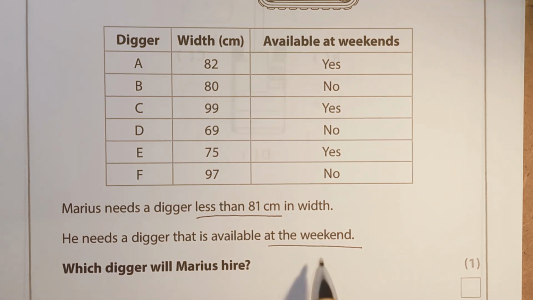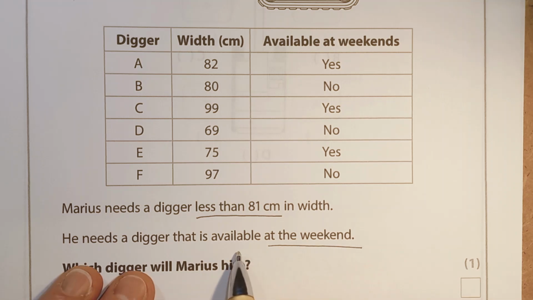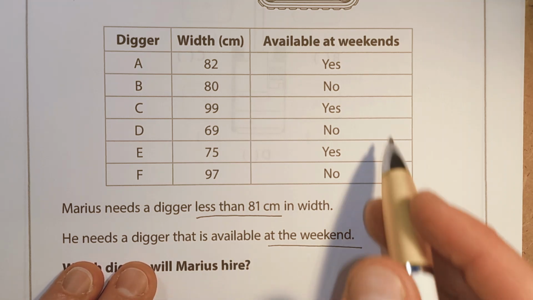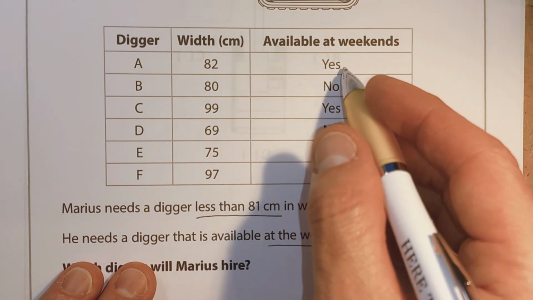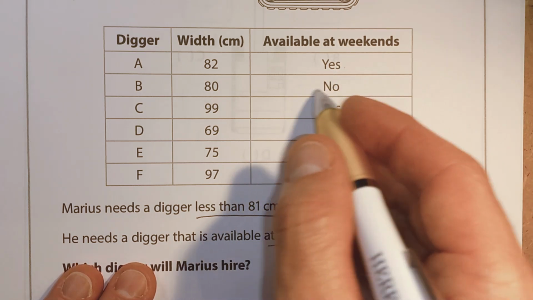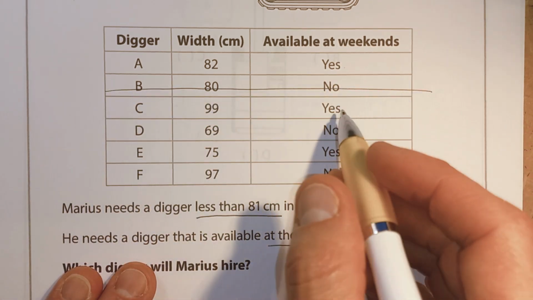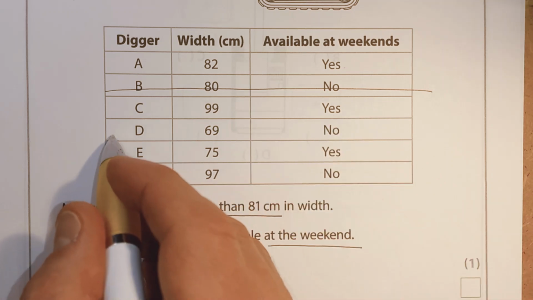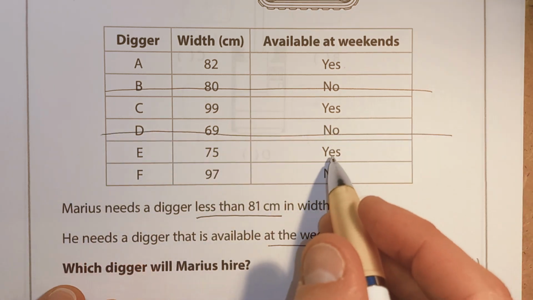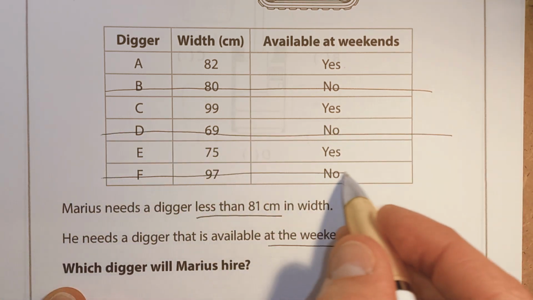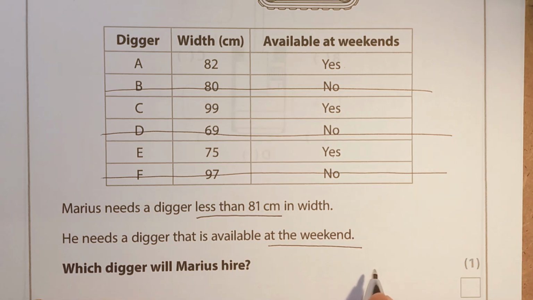So I'm actually going to go with the weekend bit first because this is a yes or no answer. So it needs to be available at the weekend. Is it available? Yes. So it could be that one. No. So it can't be that one. Could be this. No. So it can't be that one. Could be this one. No. So we've ruled 3 of them out already.